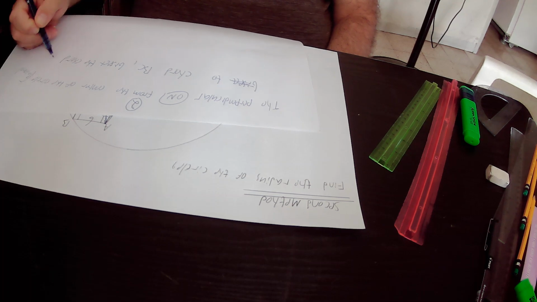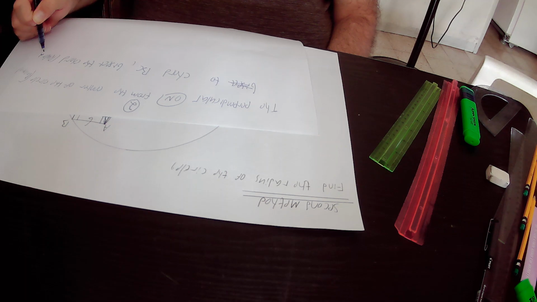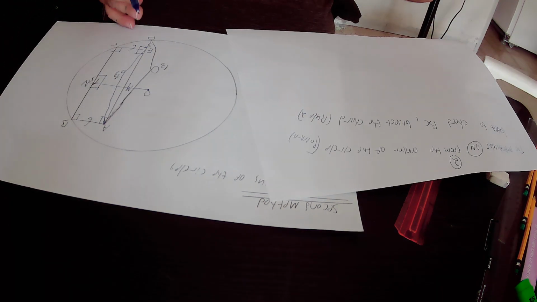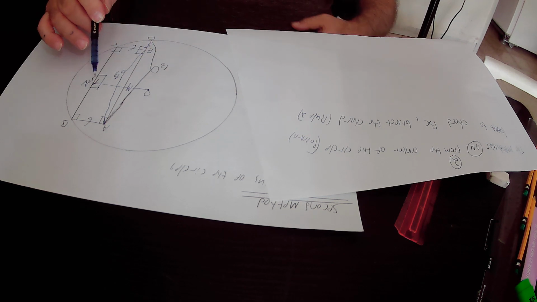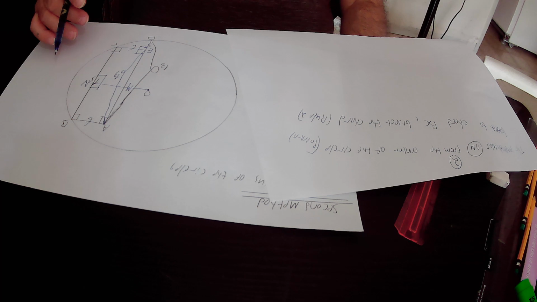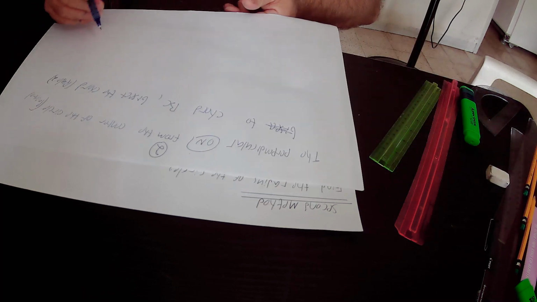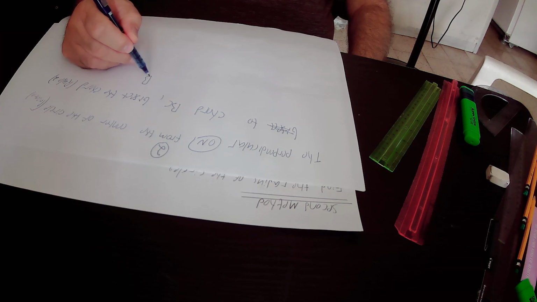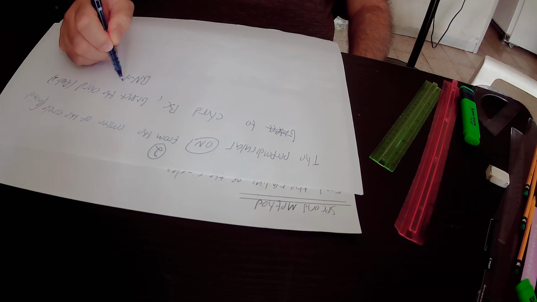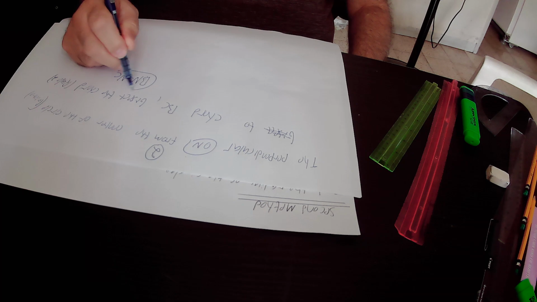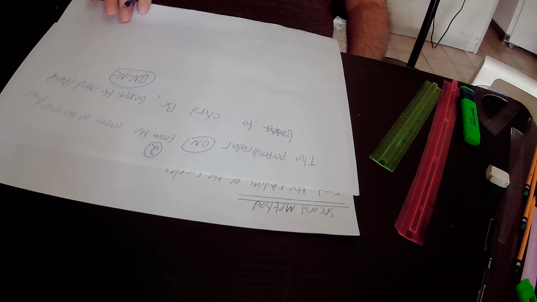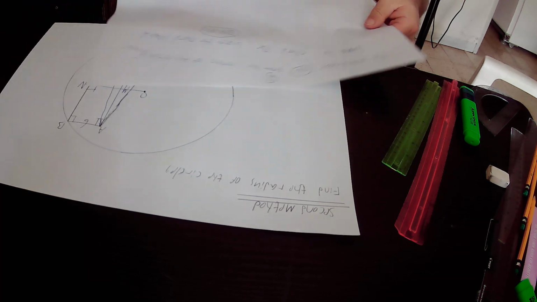That is, of course, according to rule number 2. Whenever you have a perpendicular towards any chord, it will bisect the chord. That is to say, the perpendicular ON bisects chord BC. It means that BN equals NC, according to rule number 2. Okay.